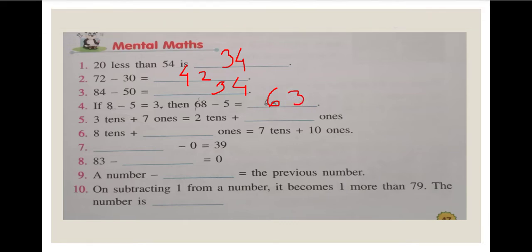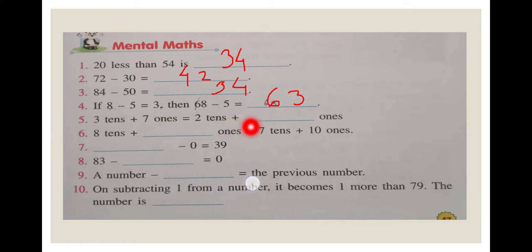Now number 5. Number 5 is 3 tens plus 7 ones. 3 tens means 30, and 30 plus 7 ones means 37. Now here it is 2 tens, which means 20, and dash ones. How many ones should come here to make both sides equal? Here it is only 20 and here it is 37.